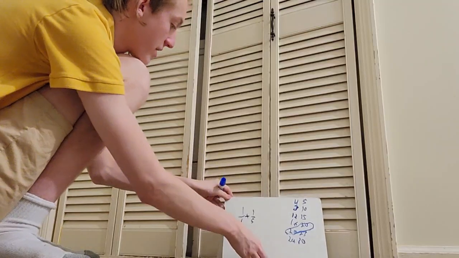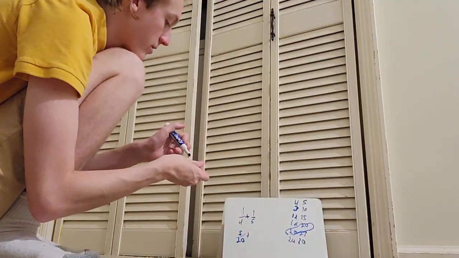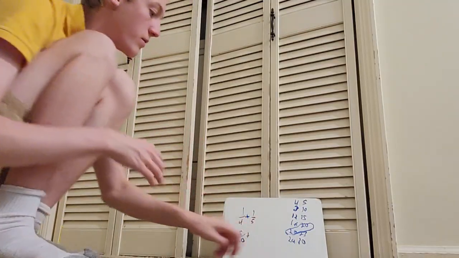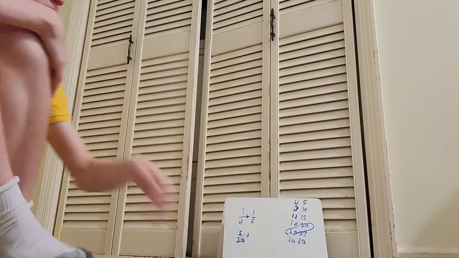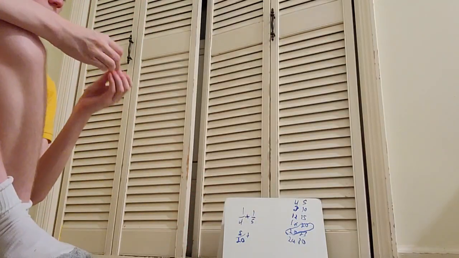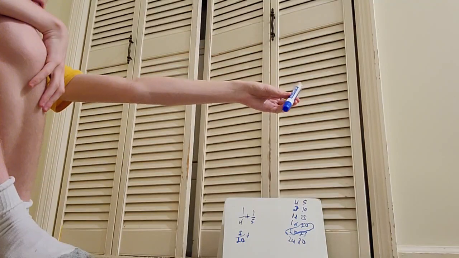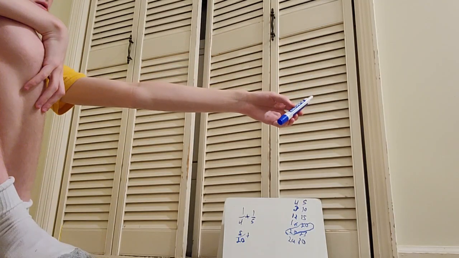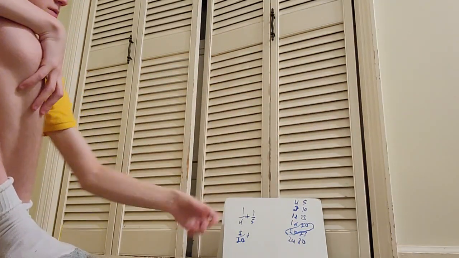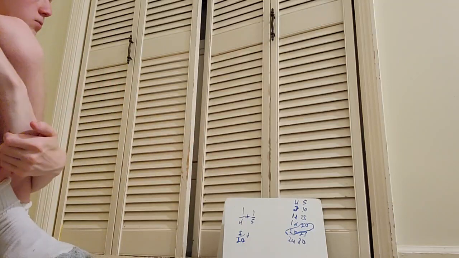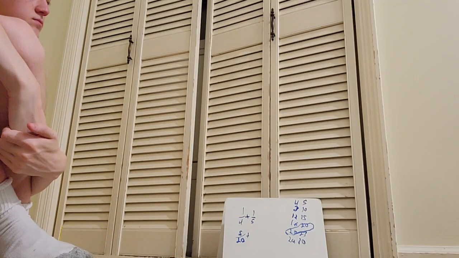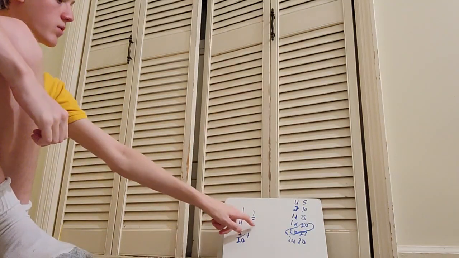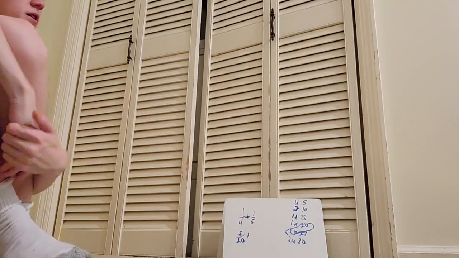I want you to write this next one, okay? We're going to figure out what 1/5 is. I'm giving you the marker. What is 1/5 of 20? How do you convert 1/5 to be with the denominator of 20?